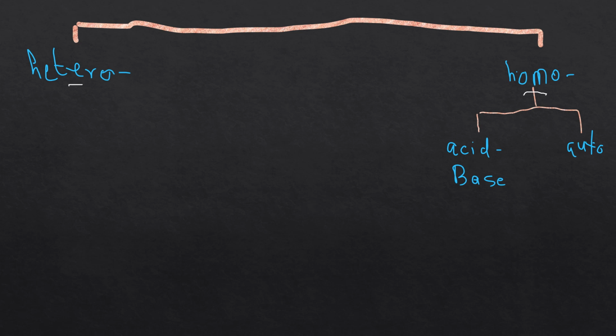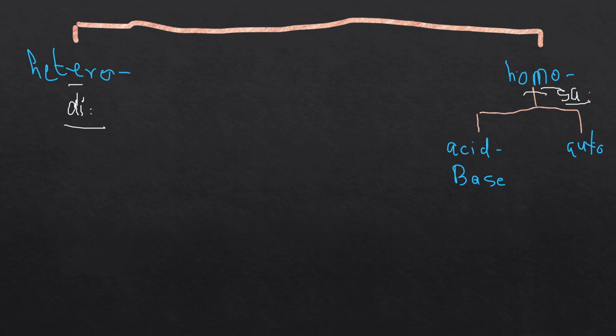Basically, the word defines itself. Hetero means different, and homo means the same. So basically, here the different and the same refer to the phase of that substance.